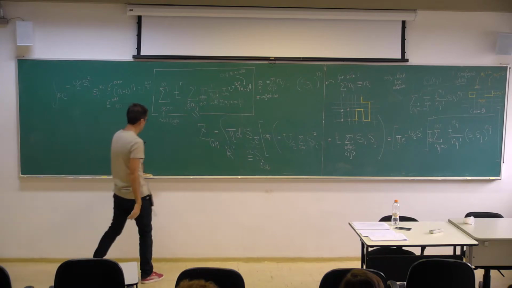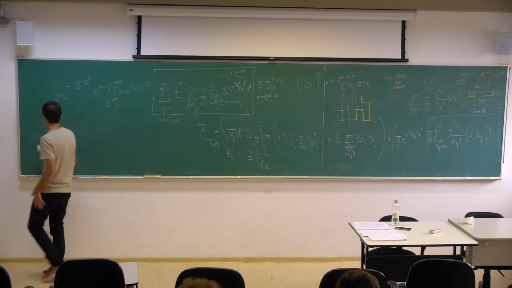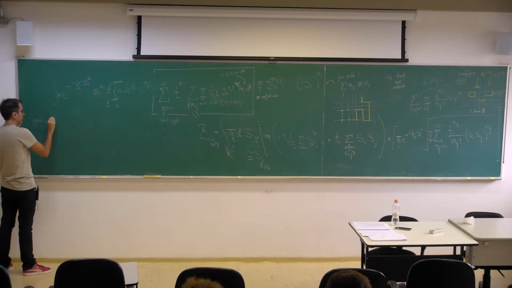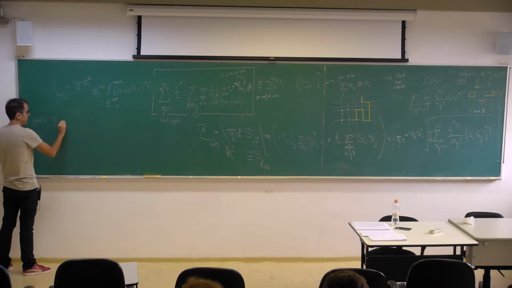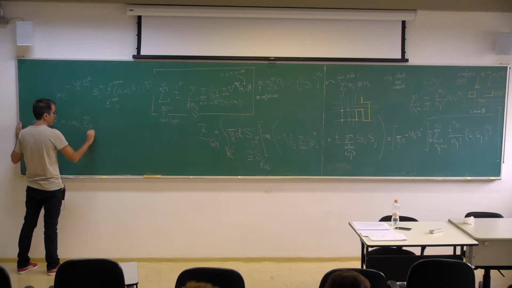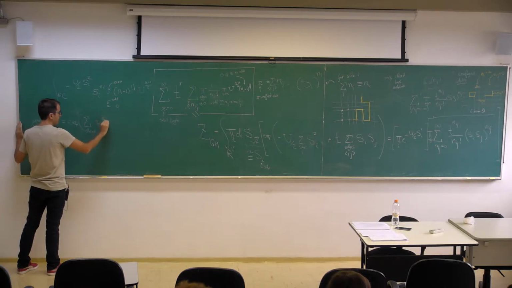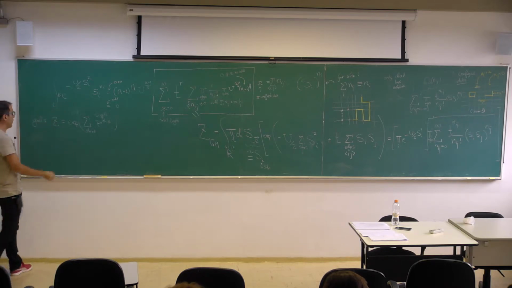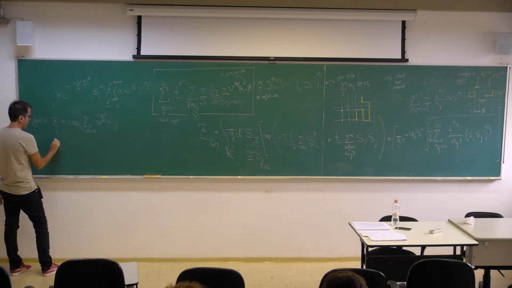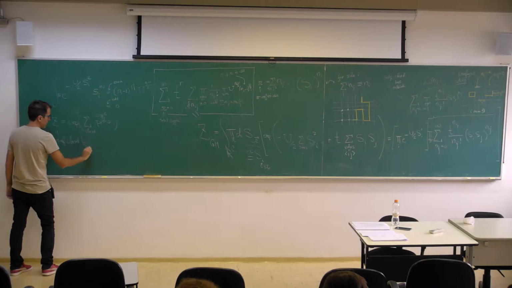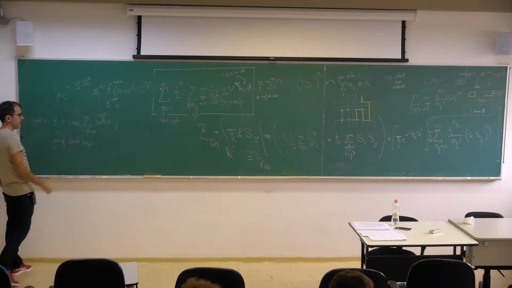Okay, sounds good, right? Now, the claim, what we have to show now, is that Z is equal to the exponential of some sum over closed paths. A single closed path, like a single polymer. Whereas Z starts its life as a gas of closed loops. So it's disconnected versus connected.